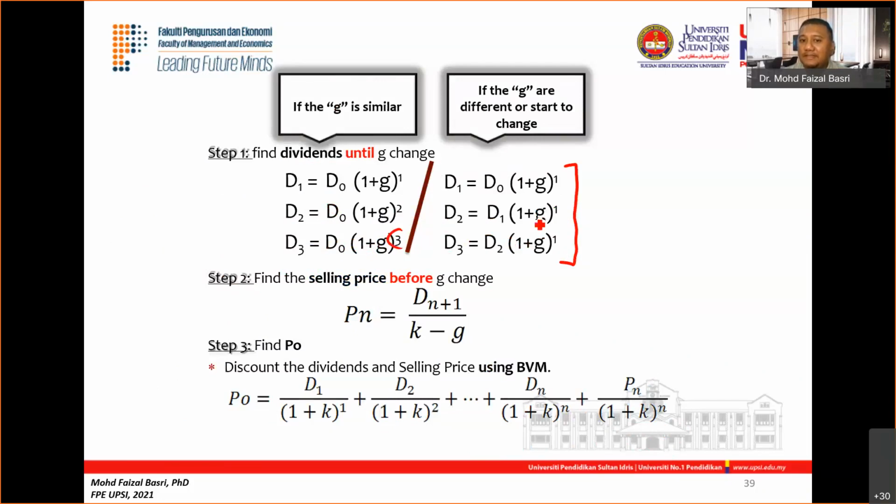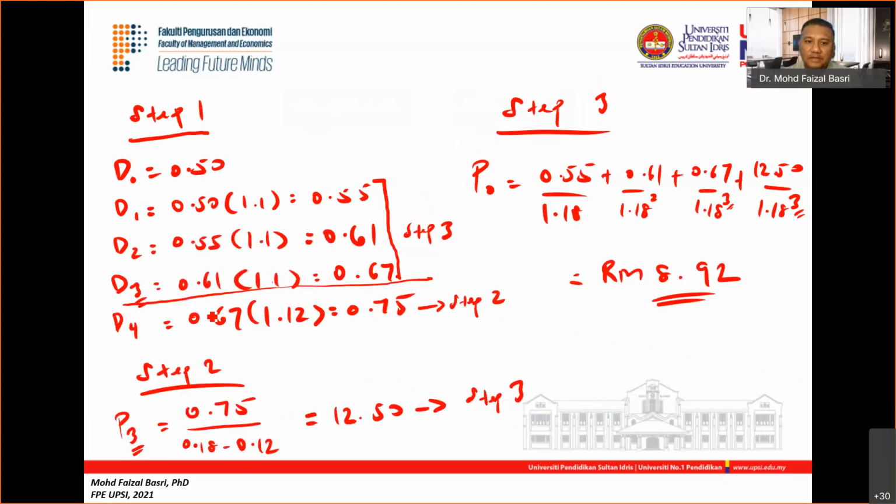Meaning to find D3, instead of finding D1 and D2, you can straight away use this formula, and then D4 like this. Then you have to change it. Here, if you want to use step number 1, you can find D3 straight away by having 1.1 to the power of 3. You will immediately get 67, for example, and then D4.